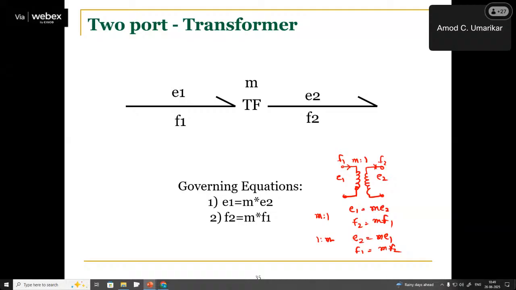These equations depend on how you take M. The message here is that effort corresponds to effort and flow corresponds to flow. If E1 is defined, E2 will be automatically defined, and if F2 is defined, F1 will be automatically defined. So one of them defined on the left side, and on the right side the rest will be automatically defined. Are you getting my point?